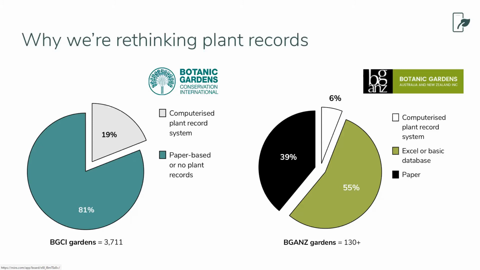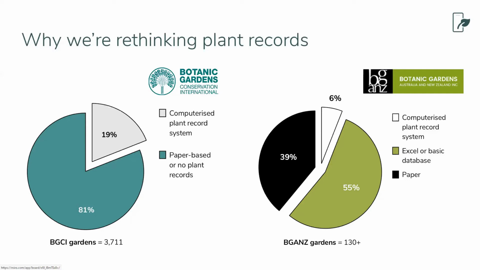And there's a similar story with BGAN's gardens, the botanic gardens in Australia and New Zealand, over 130 of them. There, only 6% have a dedicated computerized system, while about 55% have Excel or basic databases, and about 39% use paper-based plant records.